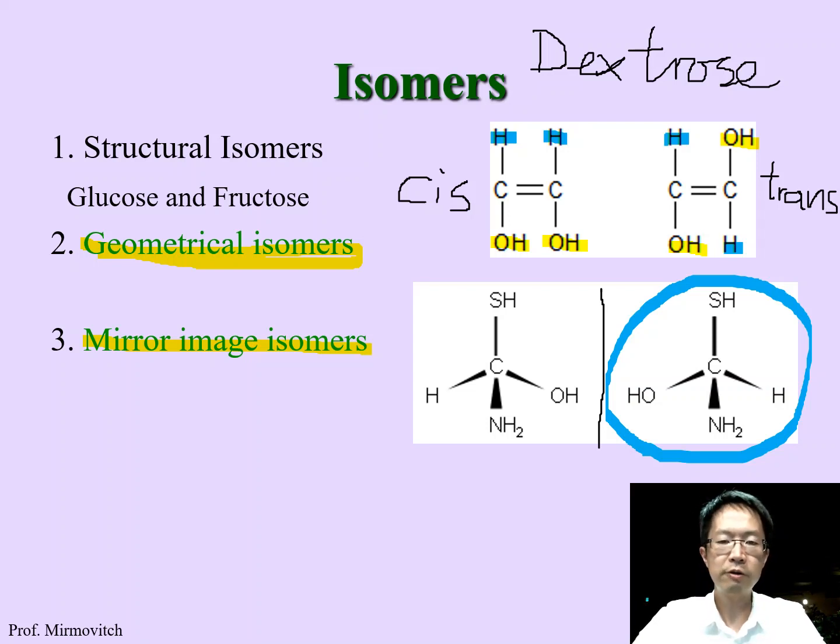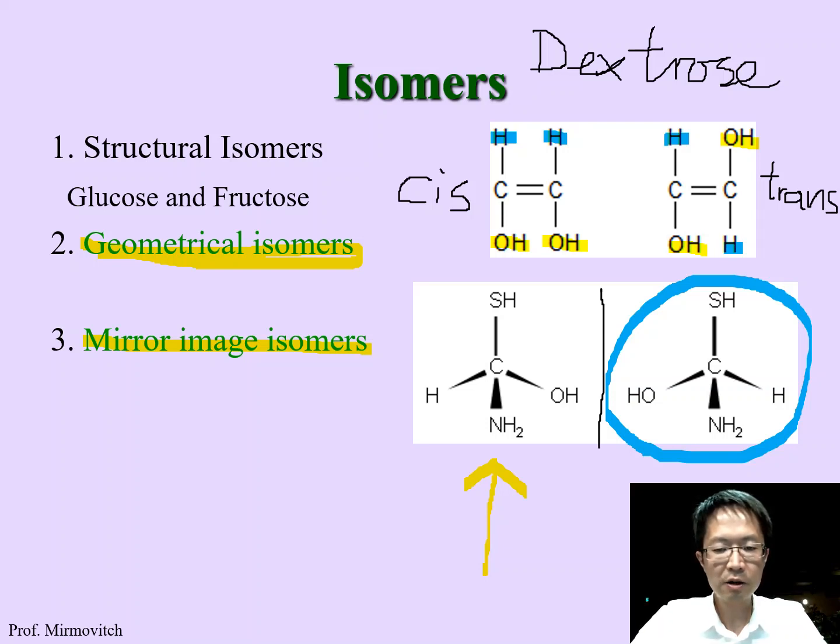For example, if you pass light through a group of molecules, let's say this molecule has the property of being able to rotate the sunlight to the right hand side.